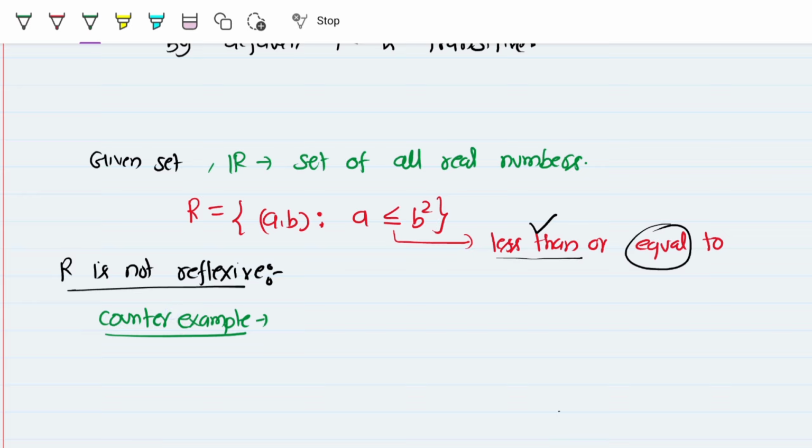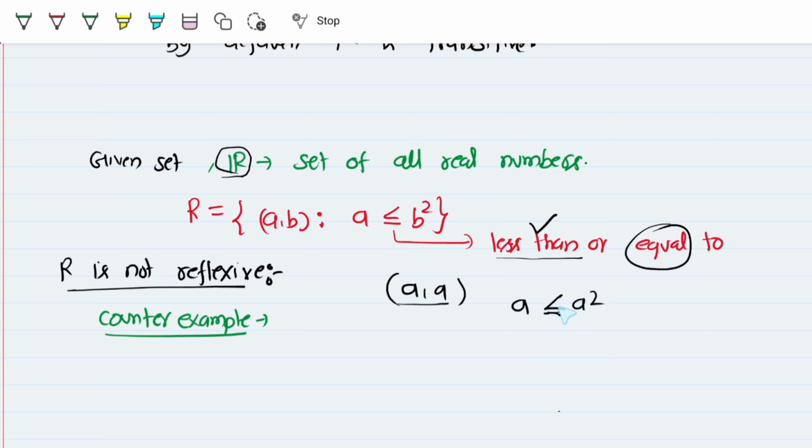Okay, but how do we think of a counterexample? Your relation is over the set of real numbers, and for reflexivity you always check the ordered pair (a, a). Now if you look at (a, a), we have to find a real number a which will not follow a less than or equal to a square.